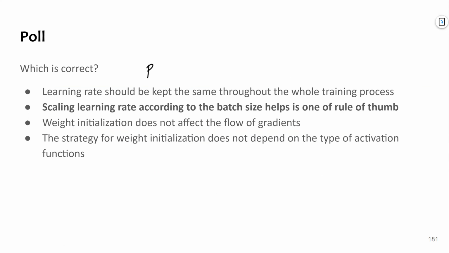Reducing or decaying the learning rate over time can improve the performance. Second one, scaling learning rate according to the batch size is one of the rules of thumb. This is true. And weight initialization highly affects the flow of gradients. That's why we use Xavier or He initialization.